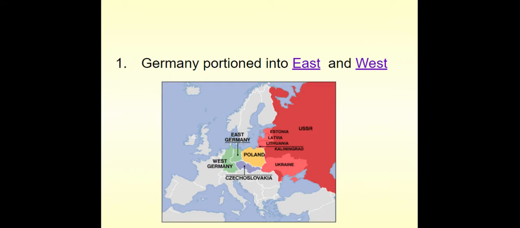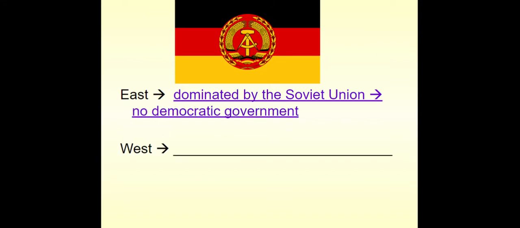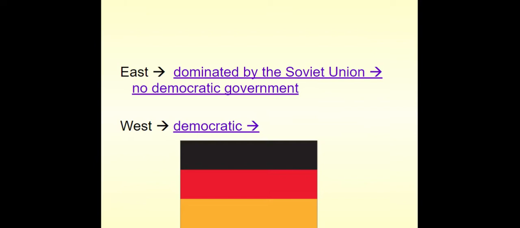That Soviet section is Eastern Germany, okay? East Germany is dominated by the Soviet Union. It will not have a democratic government. The 3 Western sections, the French section, the United States section, and the British section, they are going to merge together and they are going to be democratic.